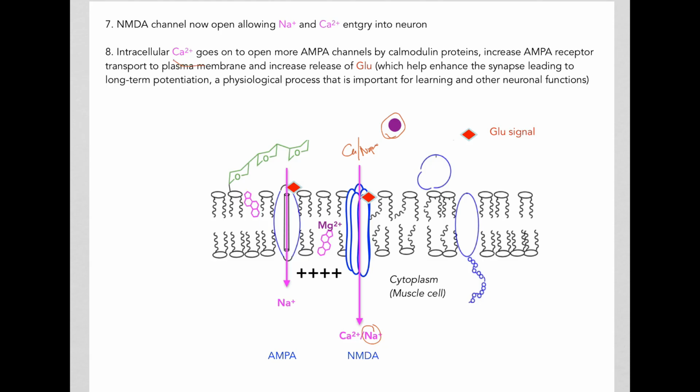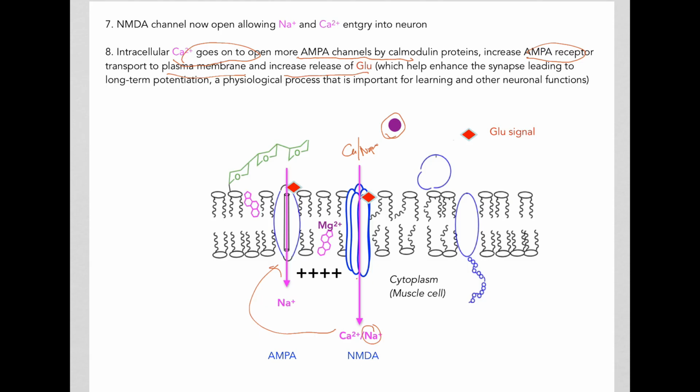And as calcium enters the neuron, calcium, as you know, is a very important intracellular messenger. It affects the functions of many proteins. And what happens, it goes and opens up more and more AMPA channels. So the calcium here will cause more AMPA channels to open. It also increases AMPA receptor transport to the plasma membrane, and also increases the release of the signal glutamic acid.